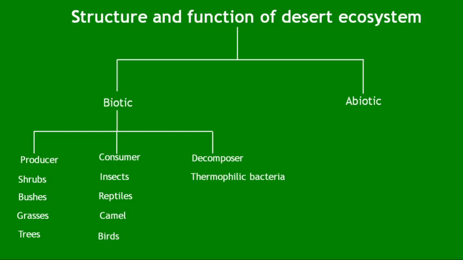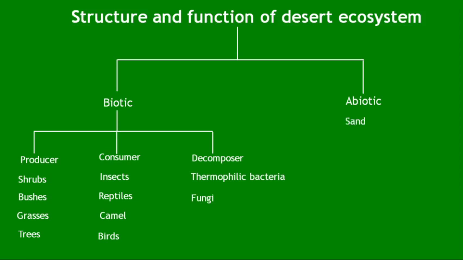Thermophilic bacteria are those bacteria which can survive at very high temperature, and desert ecosystems are usually characterized by very high temperature during the daytime. So such type of bacteria can very easily flourish in desert ecosystems. Apart from thermophilic bacteria, we may also have various varieties of fungi in a desert ecosystem.